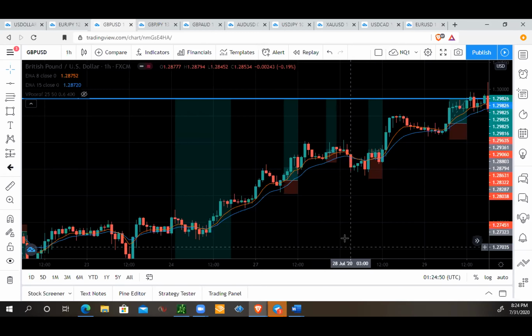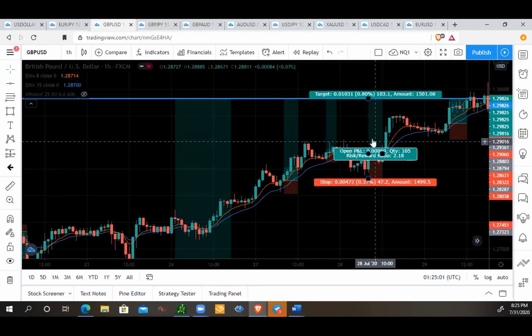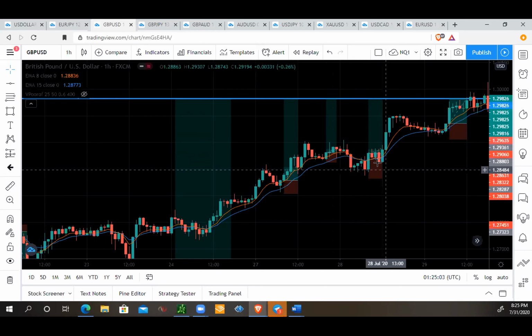So that $510 loss, we're going to add that to our 1,125. The next one is a win, 103 pips times 50 cents. So 103 times 10 times 50 cents is $515.